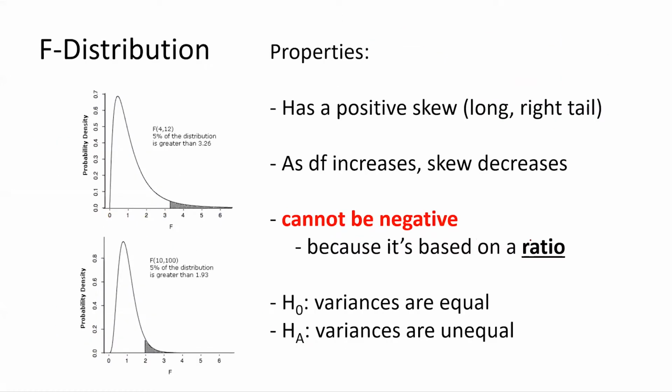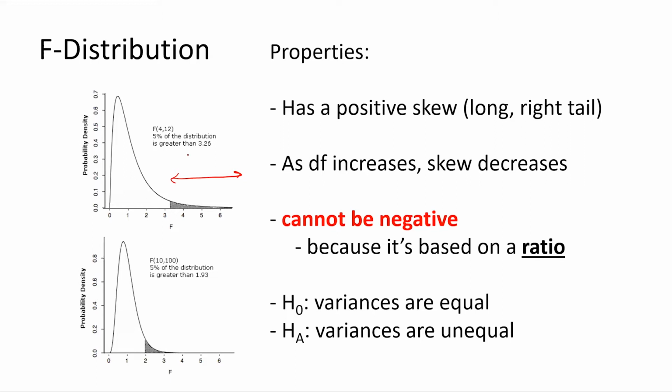So an F distribution is different from a normal distribution because it has this really long positive right tail skew. So we can see that, right? It's like this entire area over here. As our degrees of freedom increases, our skew decreases. So these are inversely proportional to each other. The F ratio or the F distribution cannot be negative because it's based on a ratio.